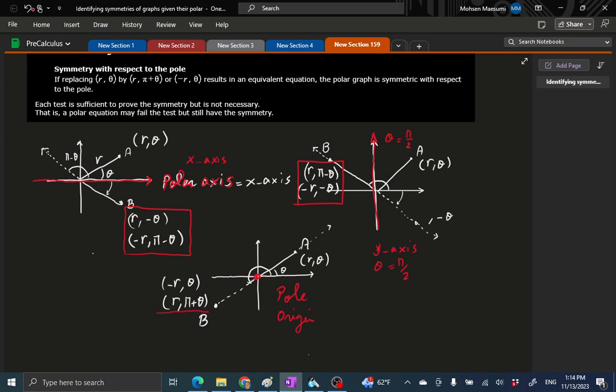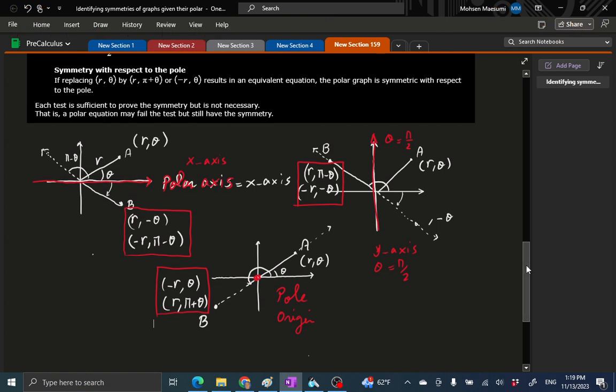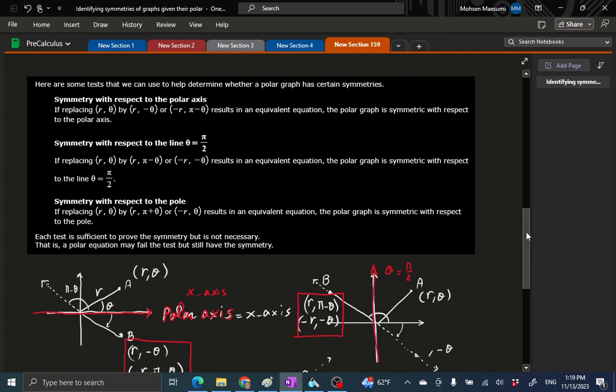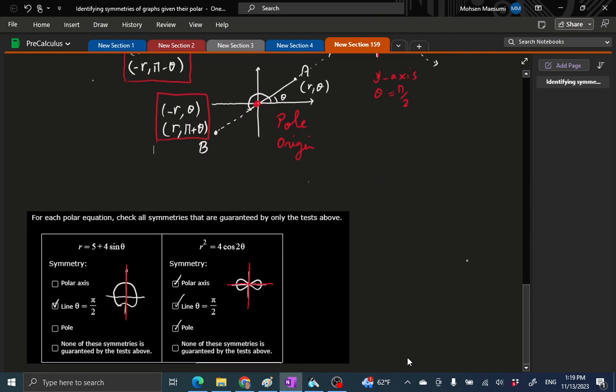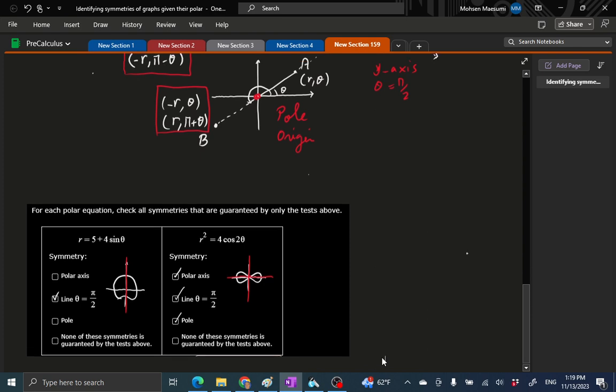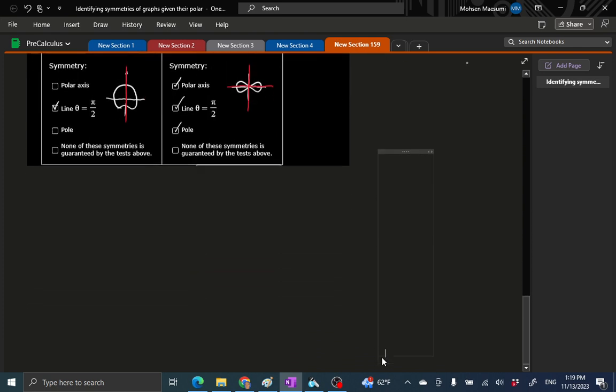So for this one we change r and theta. Now let's go ahead and do these tests. Okay, so we can perform the three tests that are mentioned here, and let me write it down and perform them in this space here.